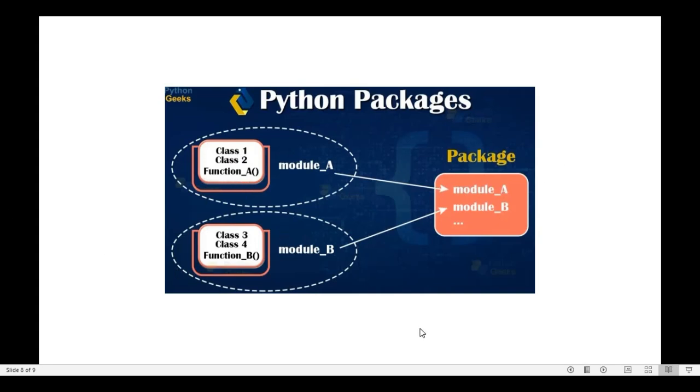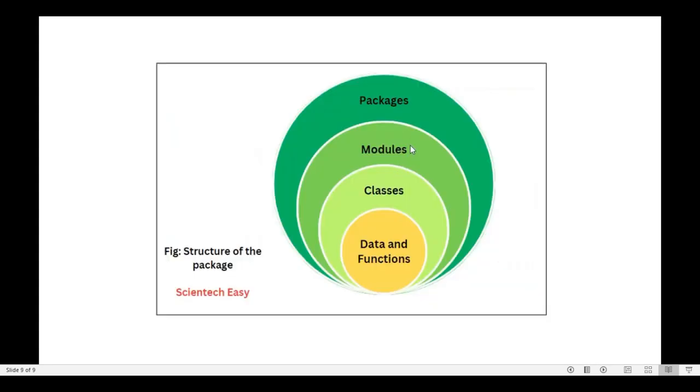And of course, objects are the ones that are made using the class. Class is a blueprint of objects. We'll be learning that later. So this is a better diagram for understanding, as data and functions are there within classes. Packages have modules, modules have classes, and classes have data and functions. So this is the structure of an entire package.